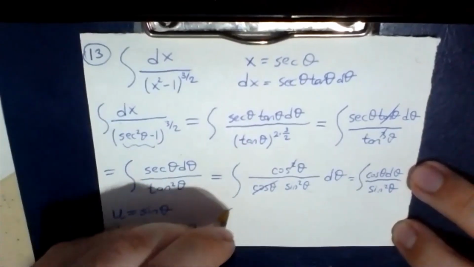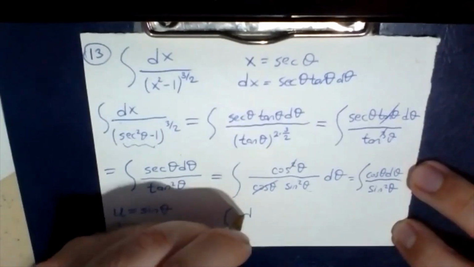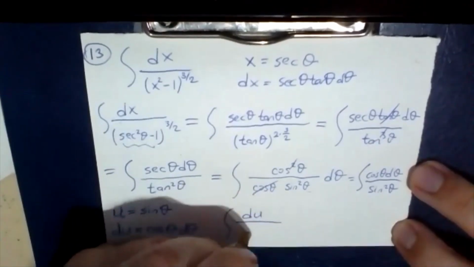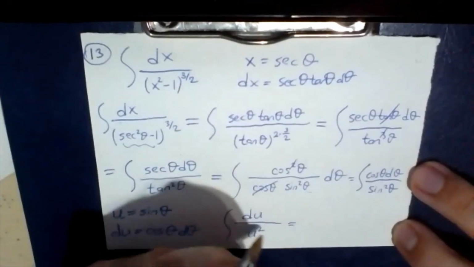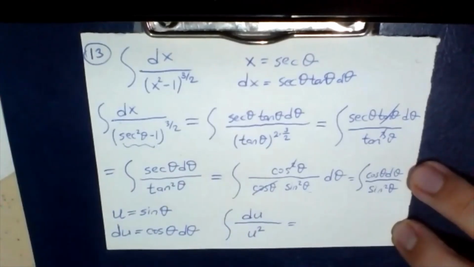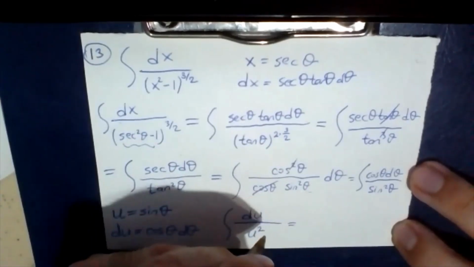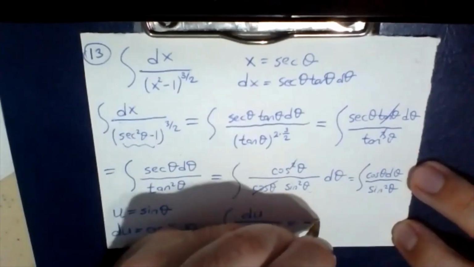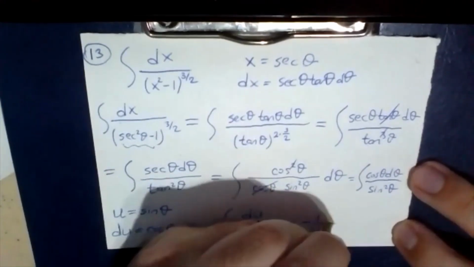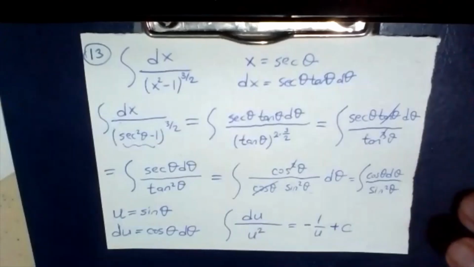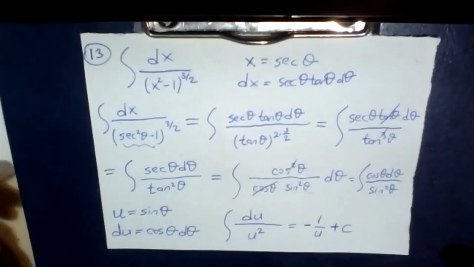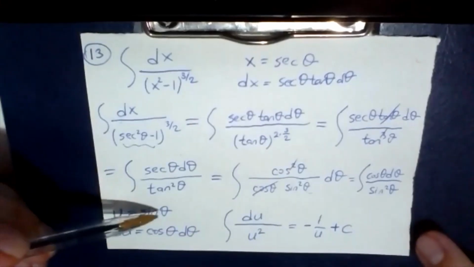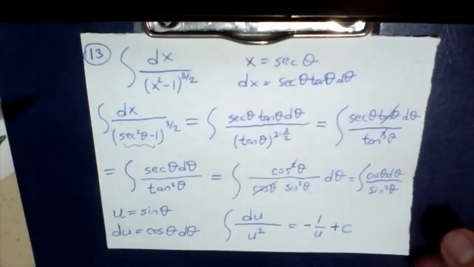So the integral will become: cosine theta d theta becomes du, and sine squared theta will be u squared. Hence, the integration of 1 over u squared, which is u to the minus 2, will be minus 1 over u plus a constant c. But the answer this time will be in terms of u. We should first turn back to the variable theta, then turn back to the variable x.